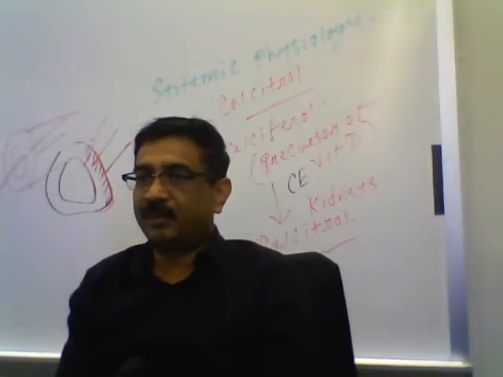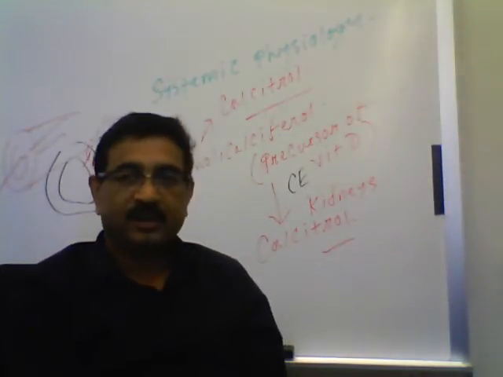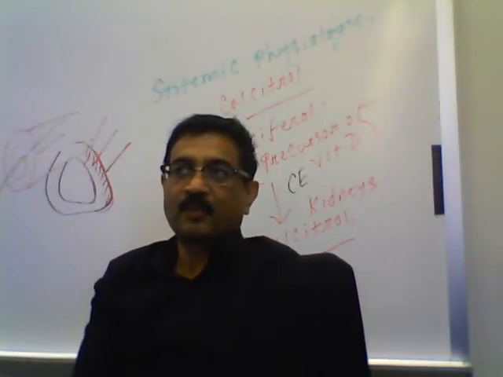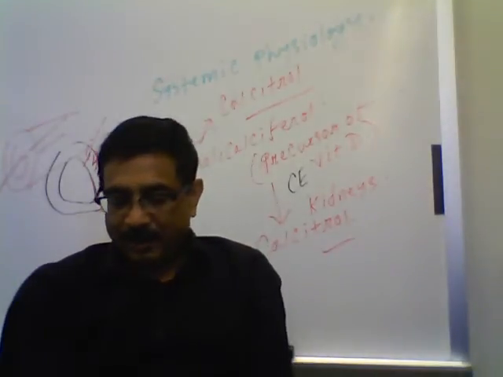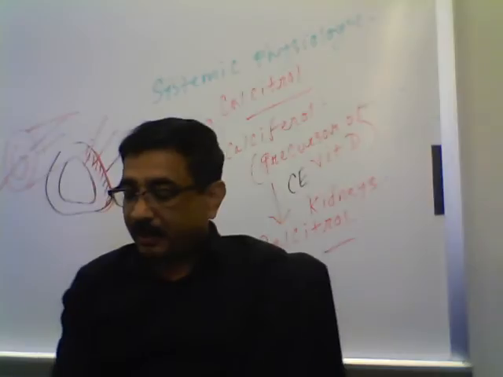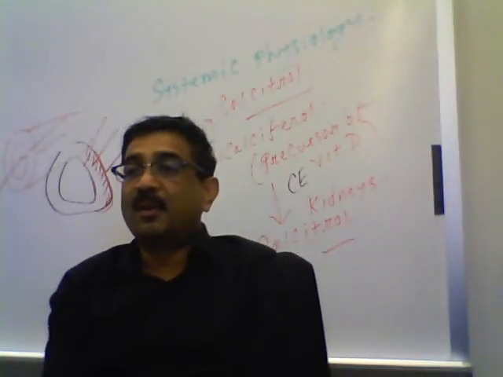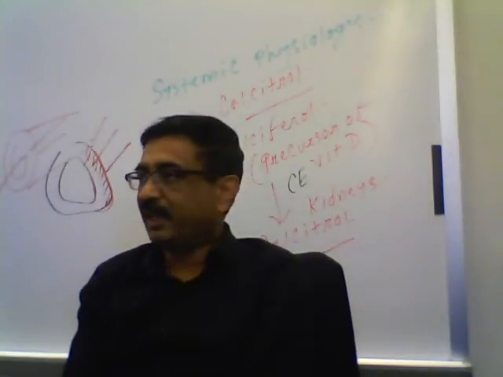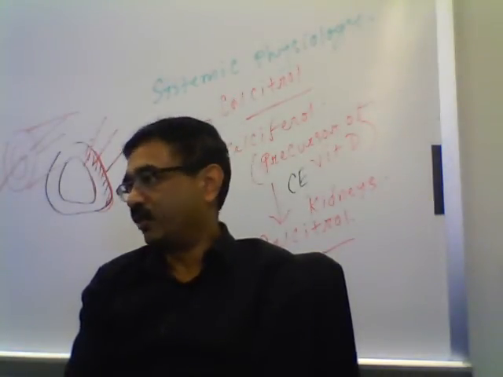Endocrine system consists of the endocrine glands. Now, endocrine glands work through hormones by producing and secreting hormones.